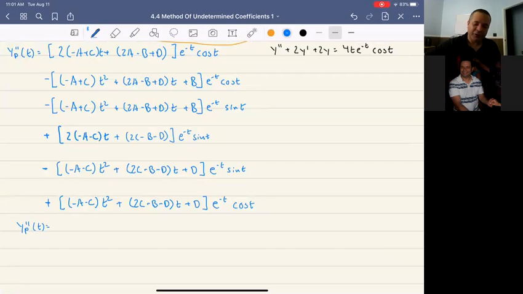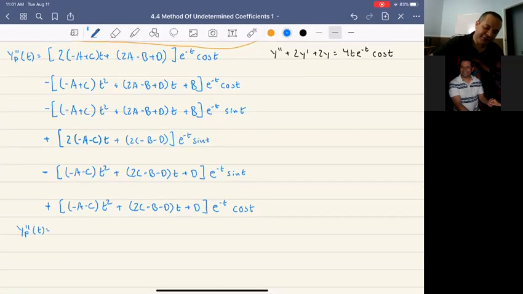Okay, so yp double prime. We're going to look at first the t squared cosine t terms. T squared cosine t terms, we have this and this, right? So minus a plus a minus c minus a minus c. So that's going to be minus 2c once I get it together, right?